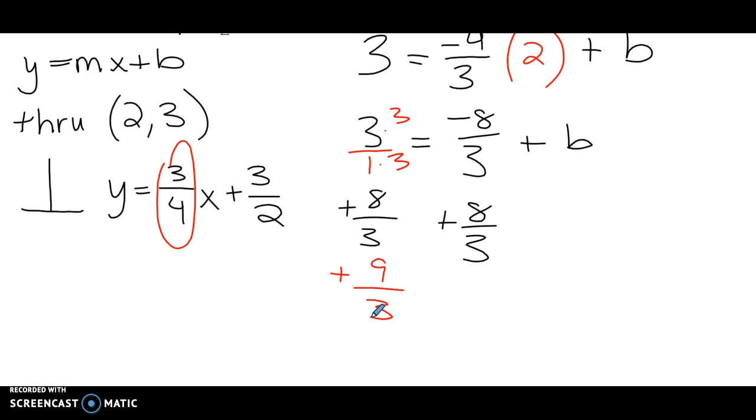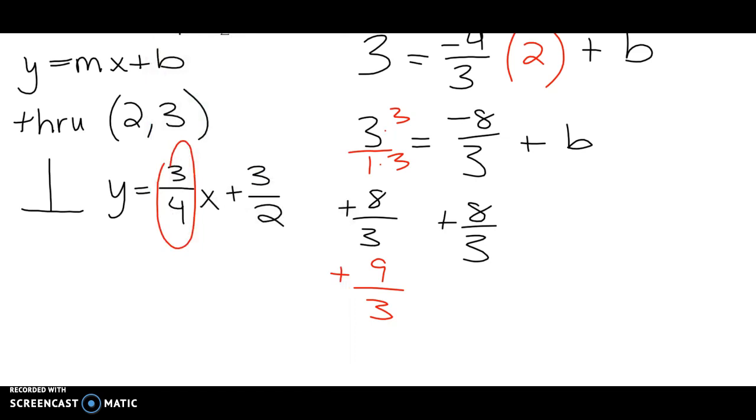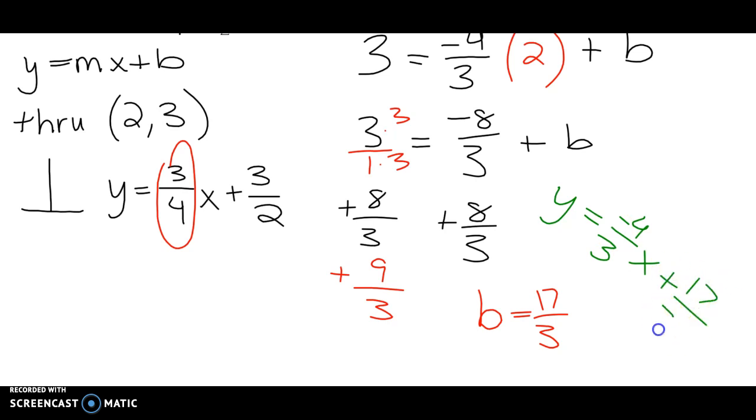Common denominator stays common. But once again, if you didn't know that, just do 3 plus 8/3, and then do math, fraction, enter. Gives you 17/3. That is what b equals. So our final answer, y equals opposite reciprocal slope times x plus 17/3. How many of you got it?